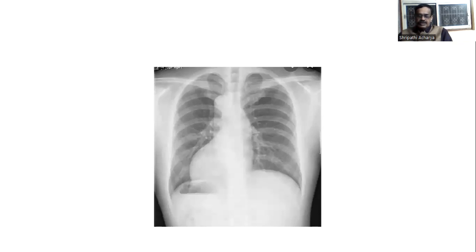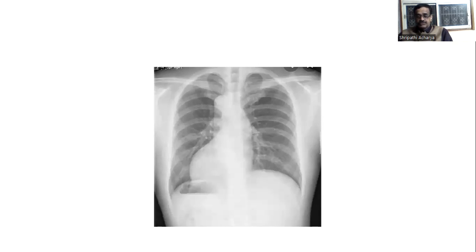Here you see a condition where dextrocardia is also there, and situs inversus is also present. You can see the heart shadow in the right side of the chest, cardiac apex in the right side of the chest, and beneath the right hemidiaphragm there is the air fluid level, that is the stomach shadow.